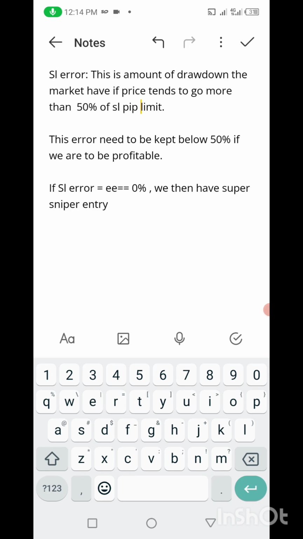You can go full margin at this point because there is no error. Both stop loss error and entry error are zero. Stop loss error and entry error are different phenomena, but when they are equal to zero, you will now have what we call super sniper entry.